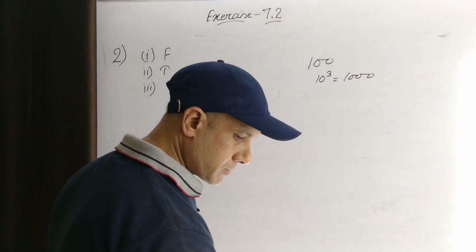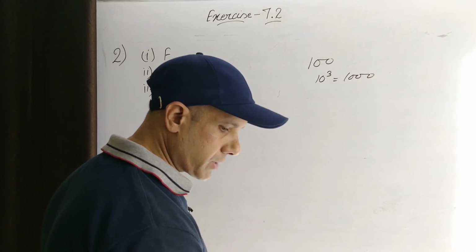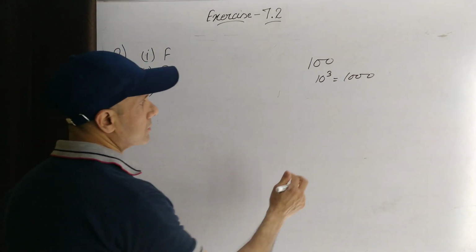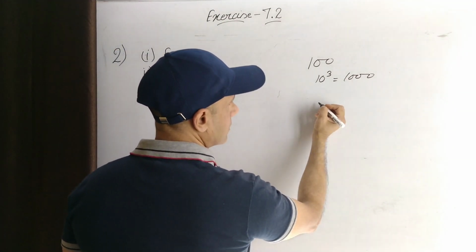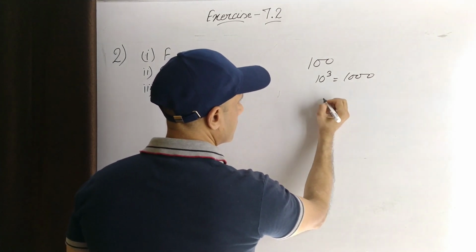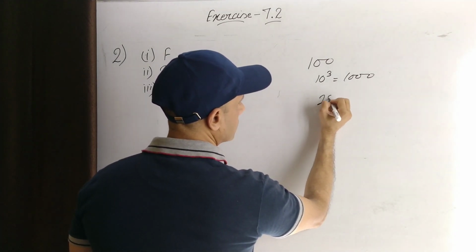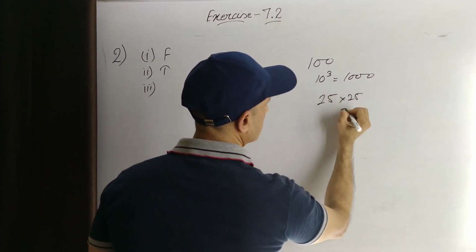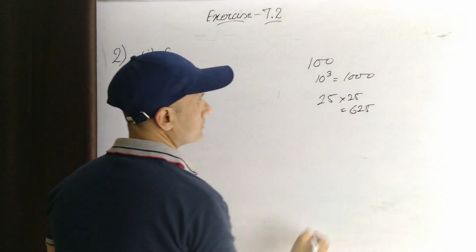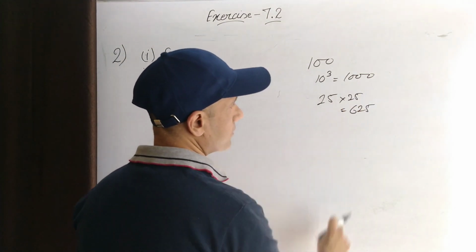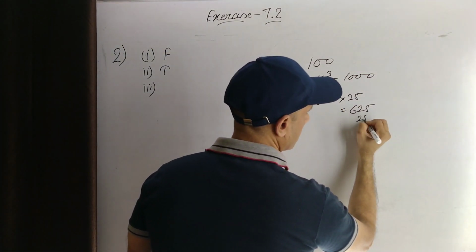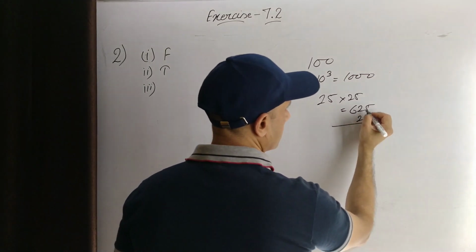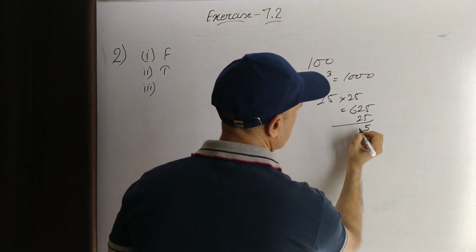If the square of a number ends with 5, then its cube ends with 25. Let's take say 25. The square of this number, 25, is equal to 625. This number ends with 5, but if we multiply again with 25, we get 5 here.